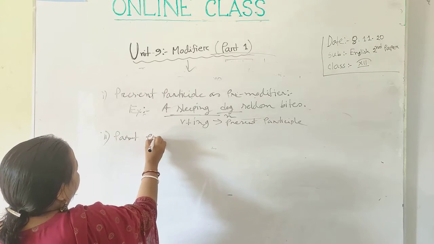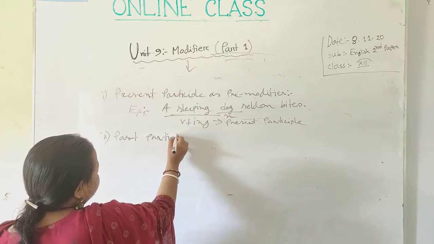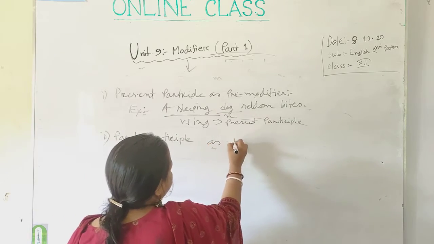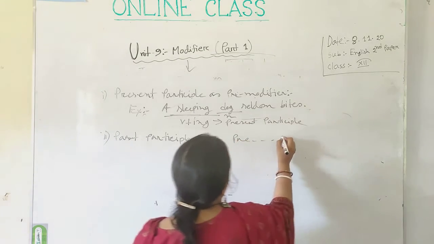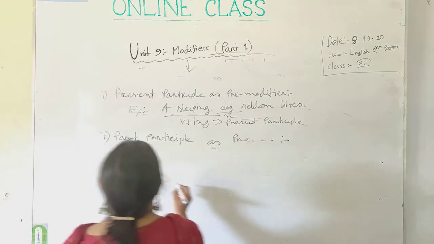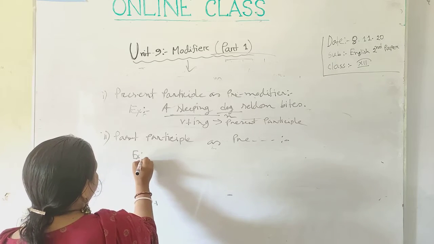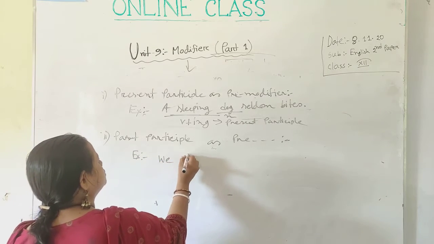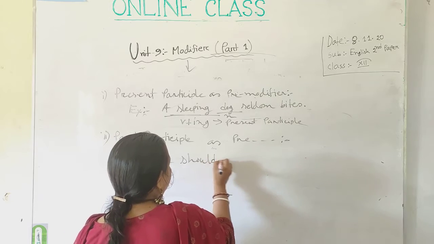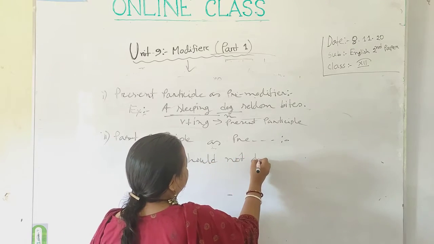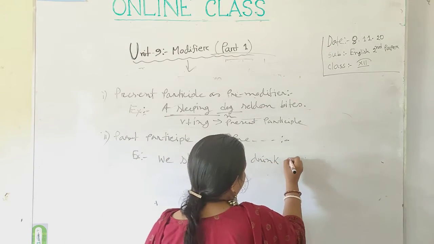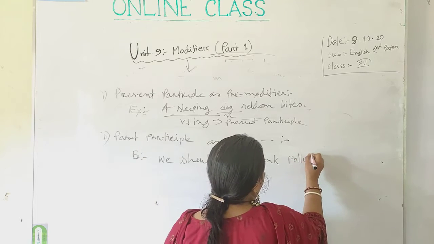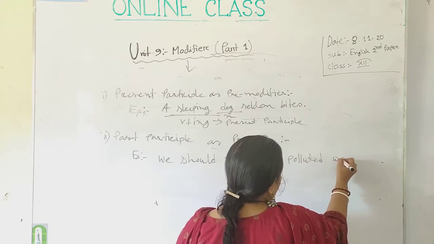And number 2 is past participle. Past participle as pre-modifier. For example, we should not drink polluted water.